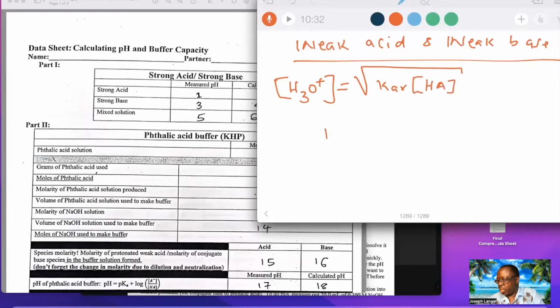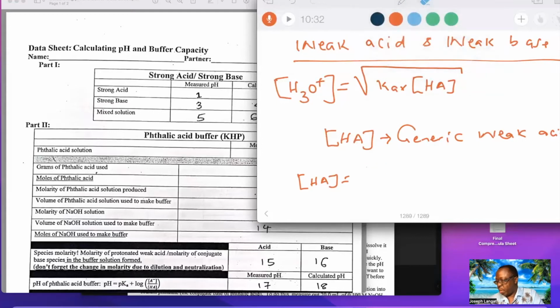I'm using here a generic formula for weak acid. You need to find the concentration, for which you have to use the number of moles, not mass, number of moles.